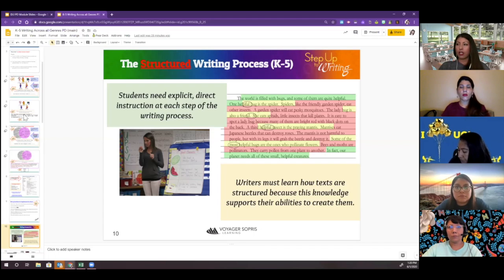So we started to package certain techniques to create a routine for the students to be able to think of what it is that they're going to be writing. And so we saw that there was an importance in the need for explicitly teaching the routine and the steps for the writing process.